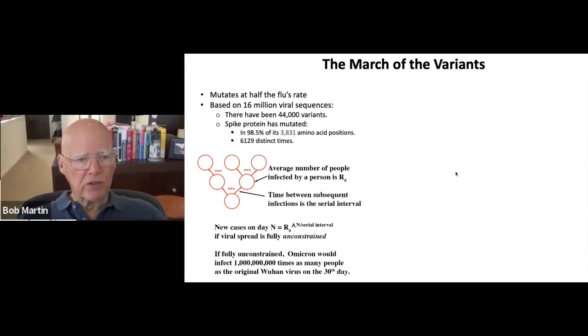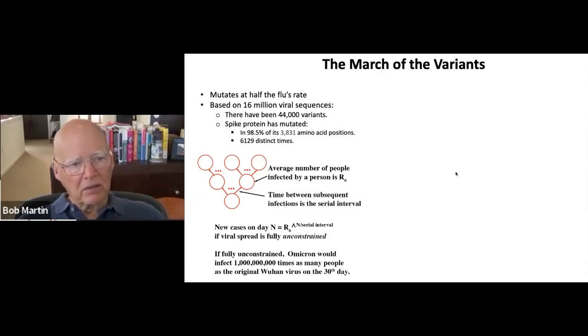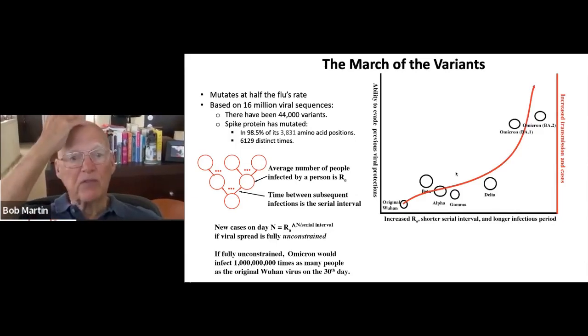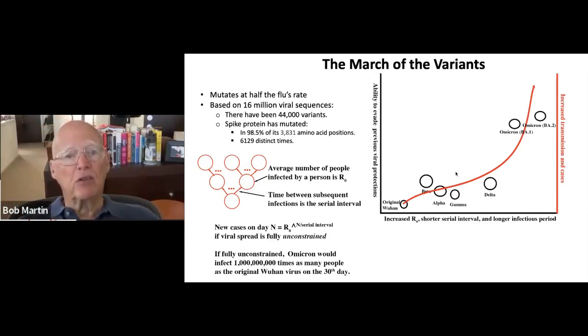If fully unconstrained, Omicron would have infected roughly the world on the 30th day. And as the variants have come out, the serial interval has gotten shorter and the ability to infect has gotten higher. So it spreads much more quickly.